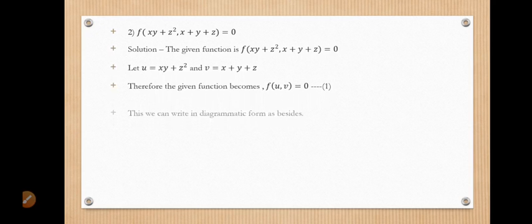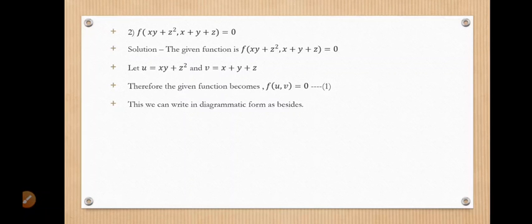Now we can represent all these functions of u and v, which are again functions of x, y and z, in a diagrammatic form. So f is a function of u and v, u is a function of x, y, z, v is a function of x, y, z, and again z is a function of x and y. So using this diagram, we can write the partial derivatives very easily applying the chain rule.